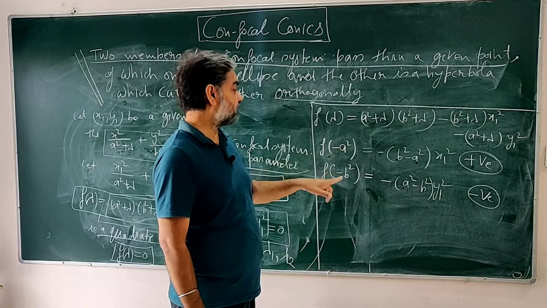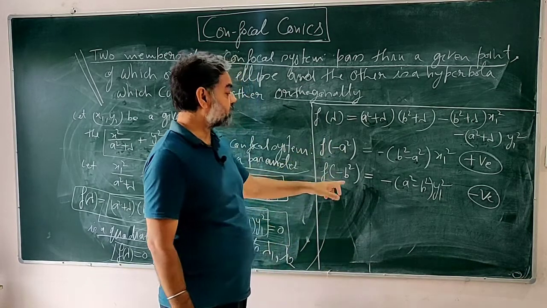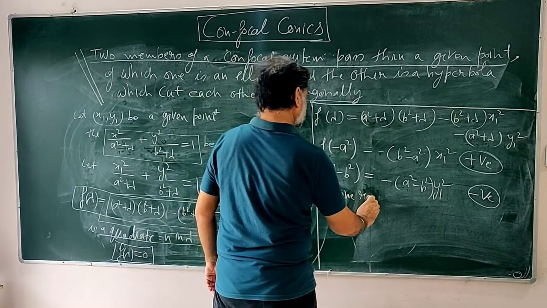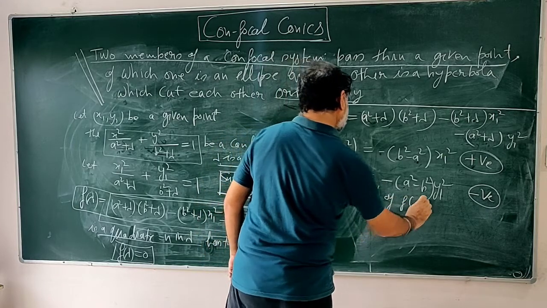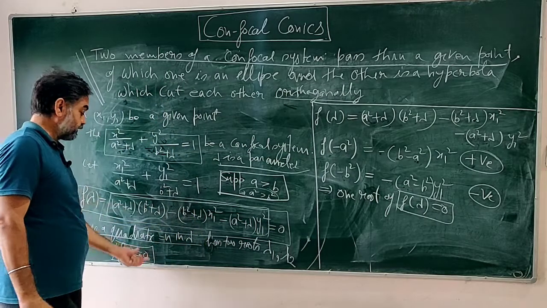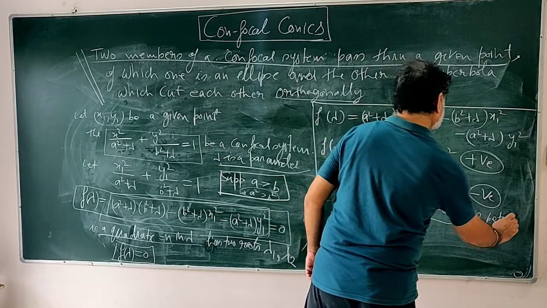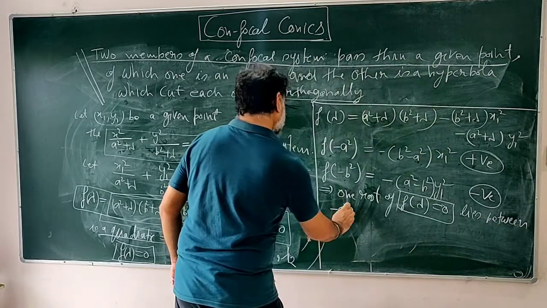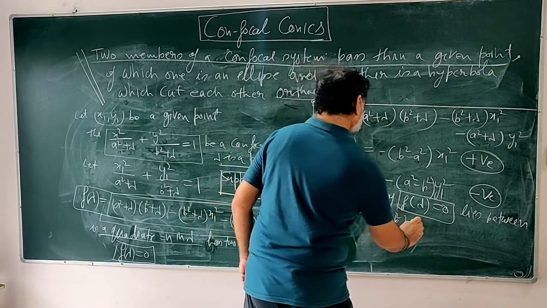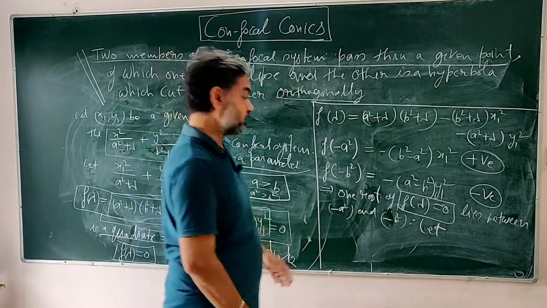F lambda is positive at minus a square and negative at minus b square, and that means one of the roots of f lambda lies between minus a square and minus b square. This implies one root of this quadratic equation lies between minus a square and minus b square. Let's call that root lambda 1.